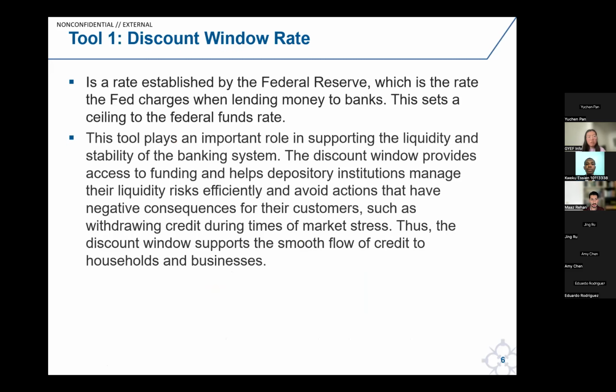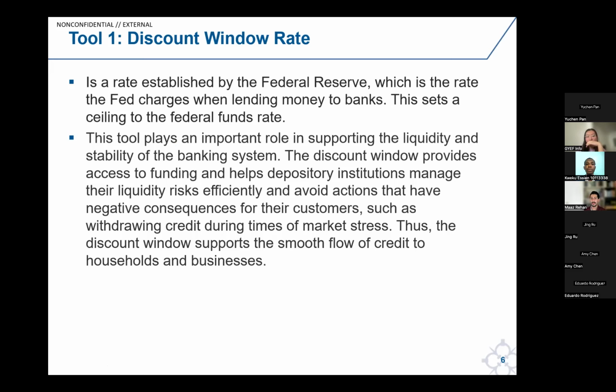Great. So next, let's jump into the tools that monetary policy has. Essentially, the first 3 tools that I'm going to talk about are more on the demand side of the supply-demand curve.